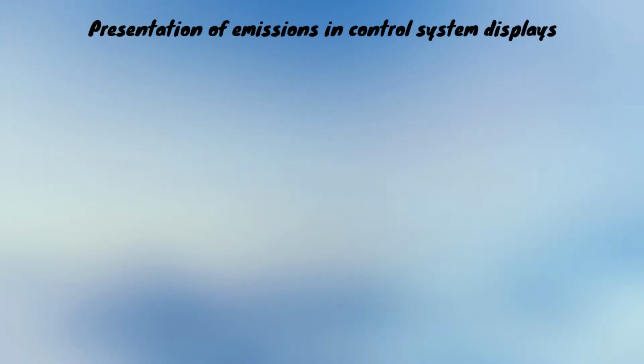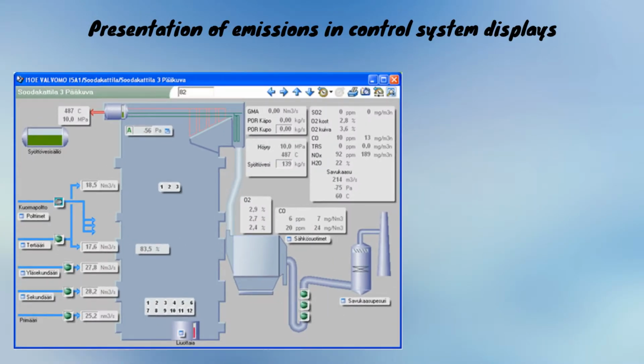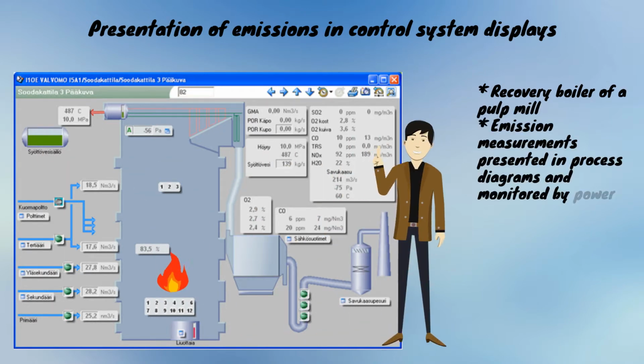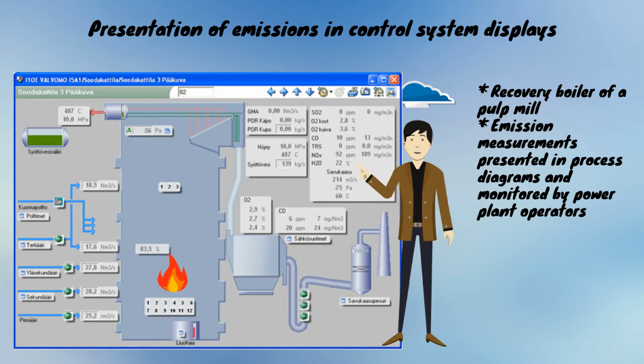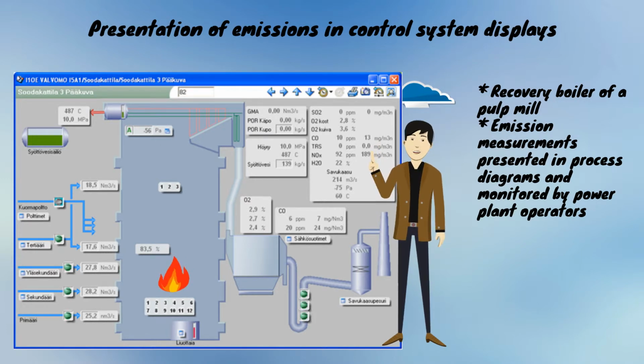This case comes from a pulp mill. Cooking chemicals are combusted for energy production and chemical recovery. Current emission values are presented in the display of the process control system and monitored by power plant operators. Another case comes from a waste-burning power plant.